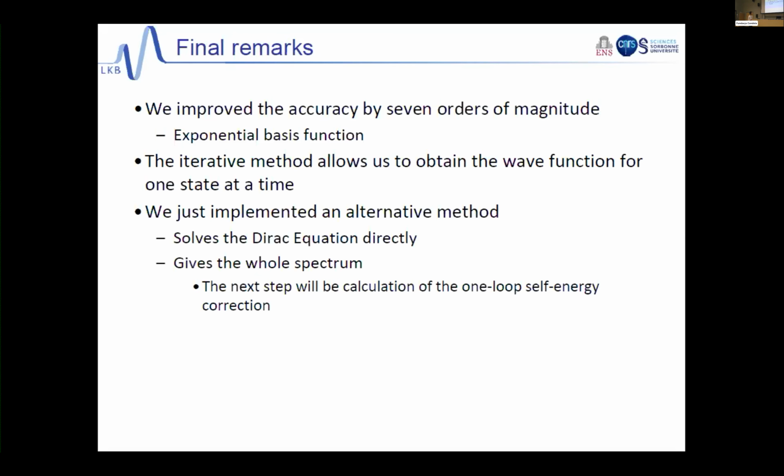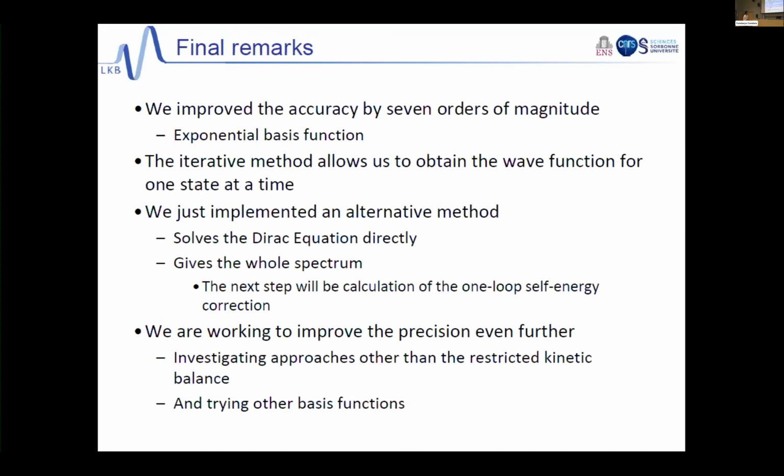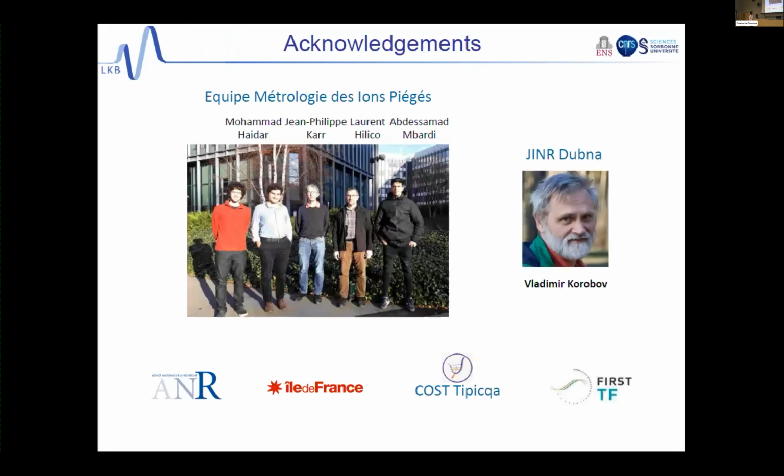So the next step will be the calculation of the one loop self-energy correction. But we're still working to improve the precision even further, and we are investigating approaches other than the restricted kinetic balance and also trying other basis functions.